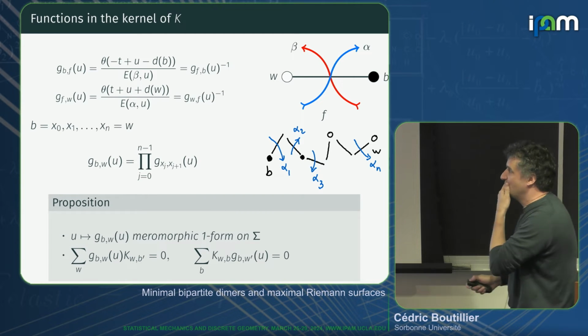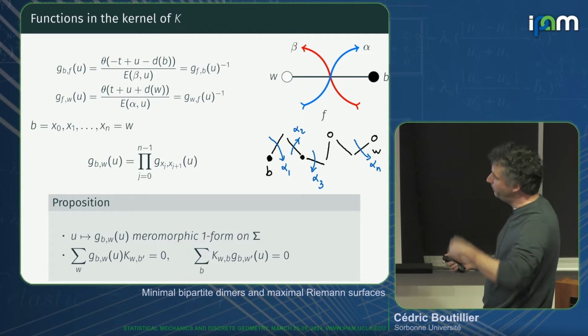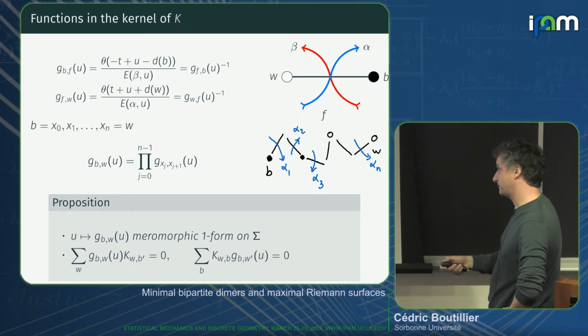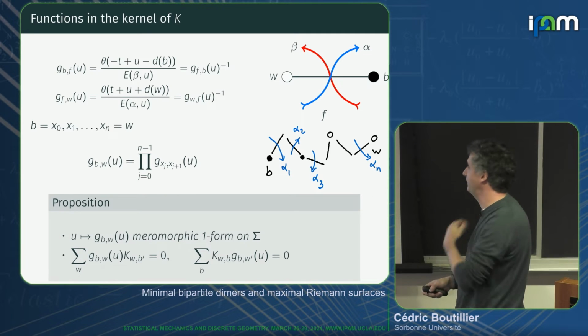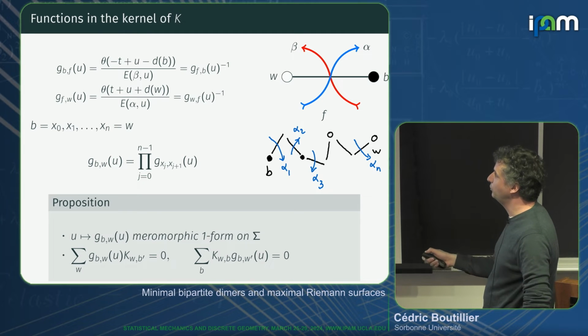Okay. So it turns out that you can define functions in the kernel of this operator. These are the Baker-Akhiezer functions that Sasha presented in his talk. They are defined as follows.